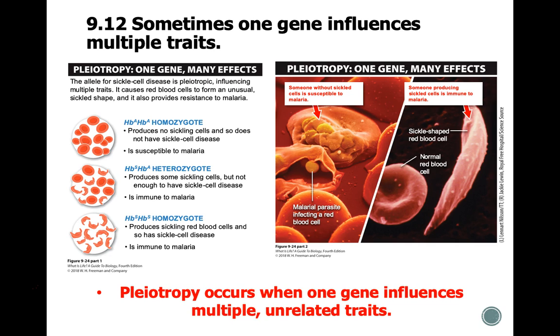So let's look at this with respect to an actual phenotype. We know that there's one gene that influences sickle cell, but it has many effects. This is called pleiotropy. Pleiotropy means that there is one gene, but there are many seemingly unrelated phenotypic effects.